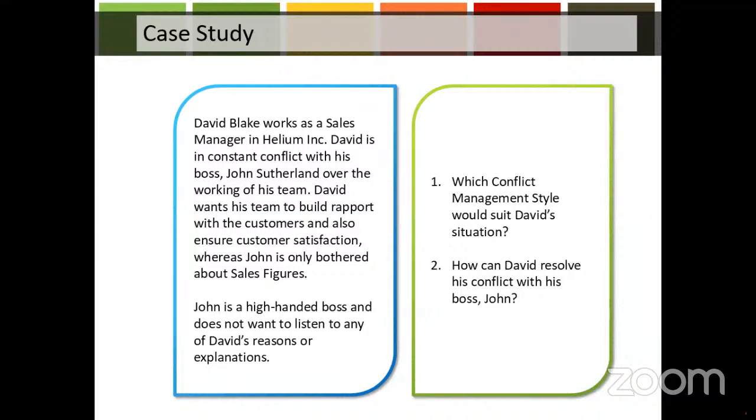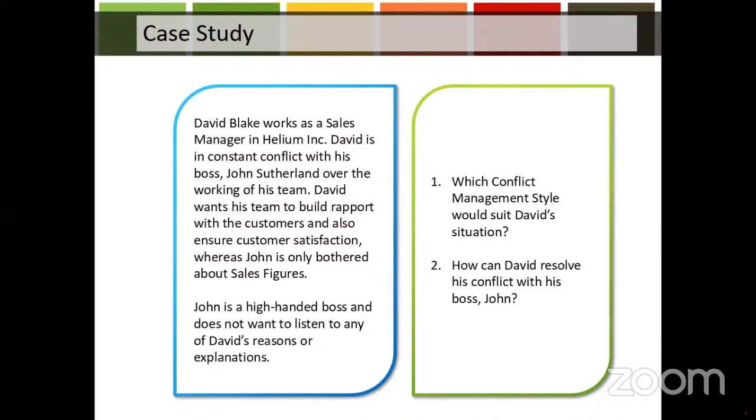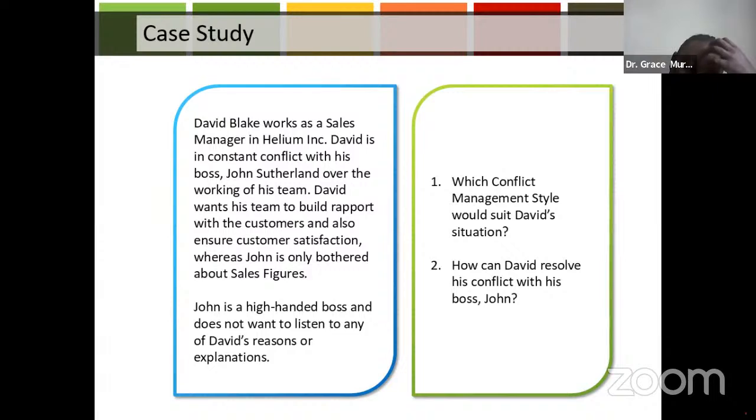So when rapport is built and customer satisfaction is attained, and John agrees to tone down and focus on results at a manageable level, it's kind of a win-win situation.